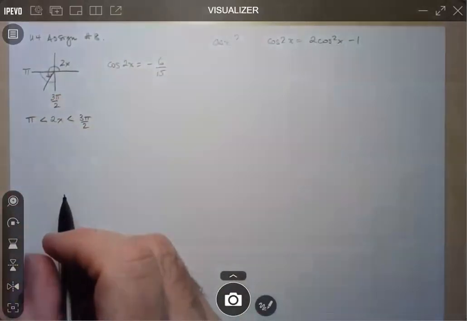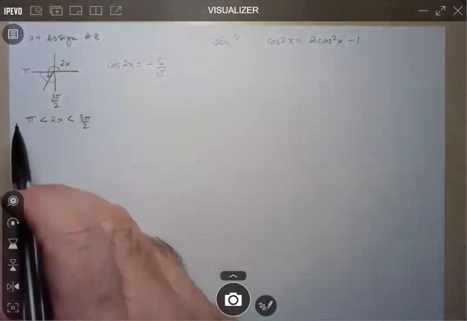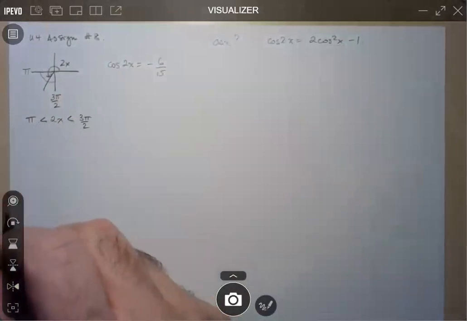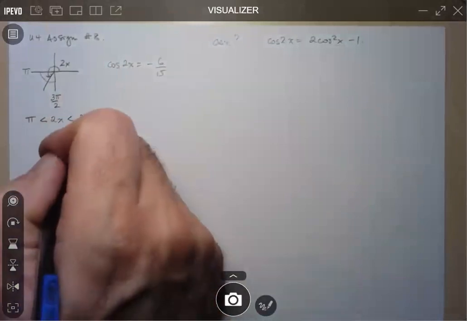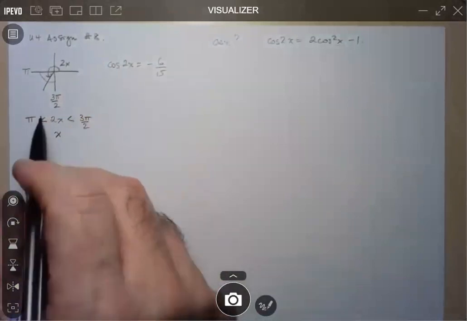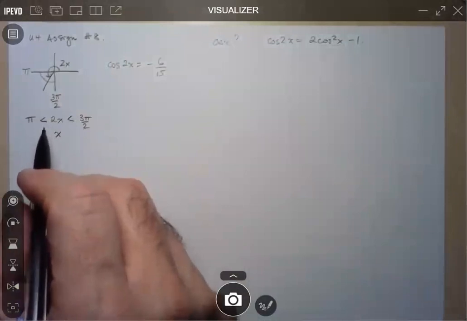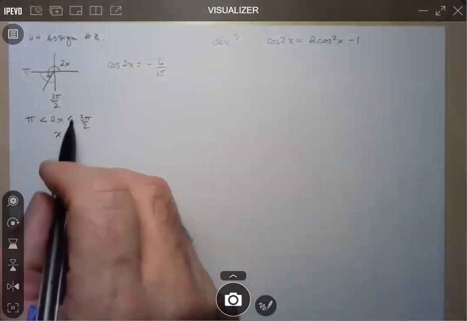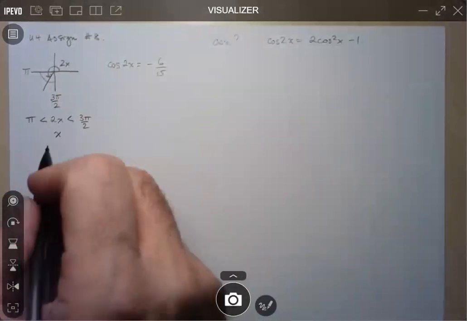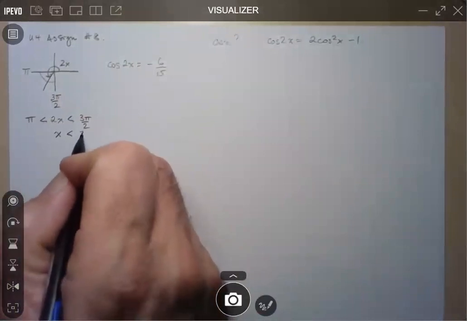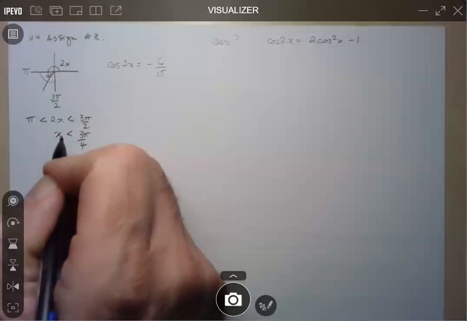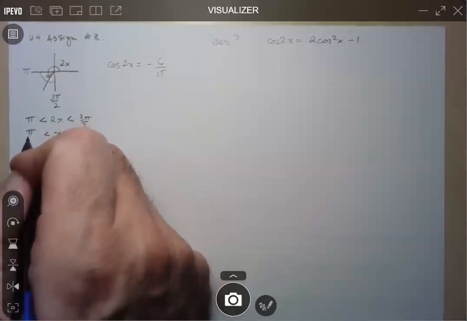But hey, this is just a linear inequality, which we know how to solve. So in order to solve either of these inequalities, I can just divide both sides by 2. No problem with the inequalities because 2 is a positive number. So x has to be less than 3 pi over 4 and greater than pi over 2.